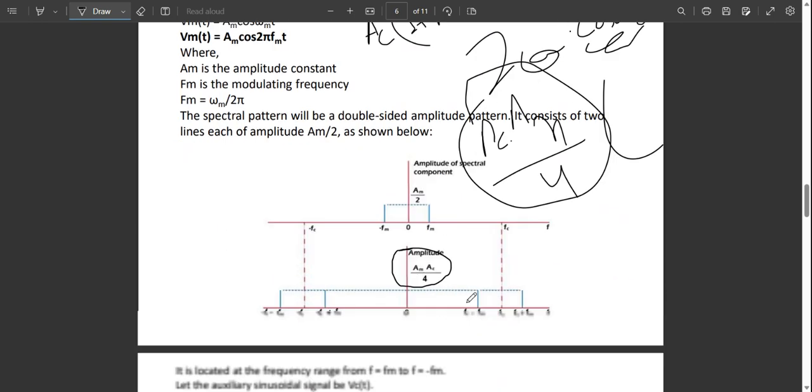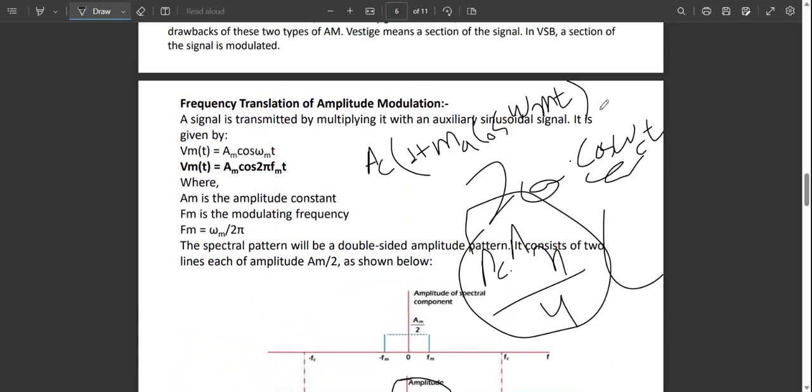And the power of the USB, upper sideband, or LSB is (Ac ma by 2) whole square by 2R, which is actually Ac square ma square by 8R, and for both of them it is Ac square ma square by 4R. Ac square by 2R is the power of the carrier, Pc.